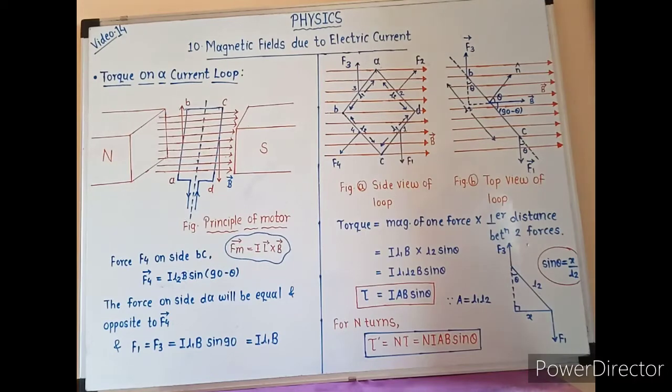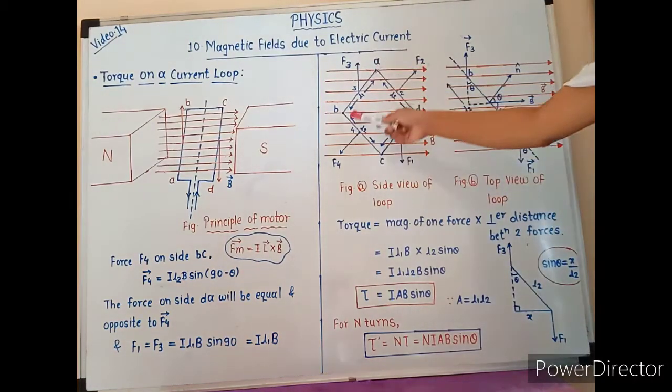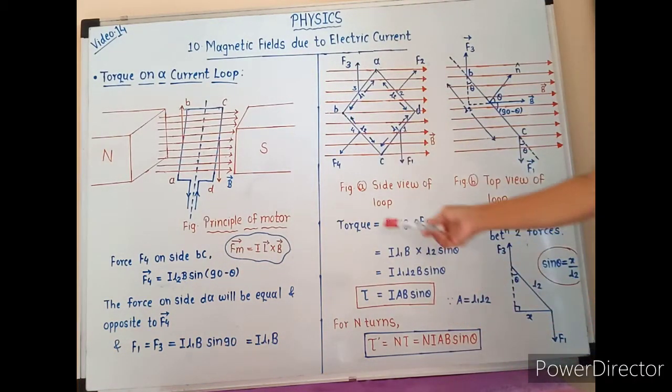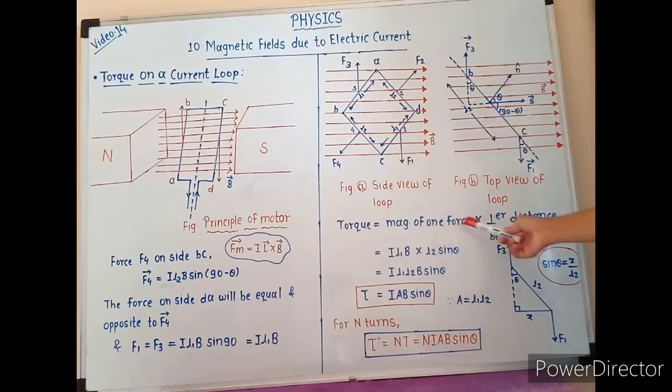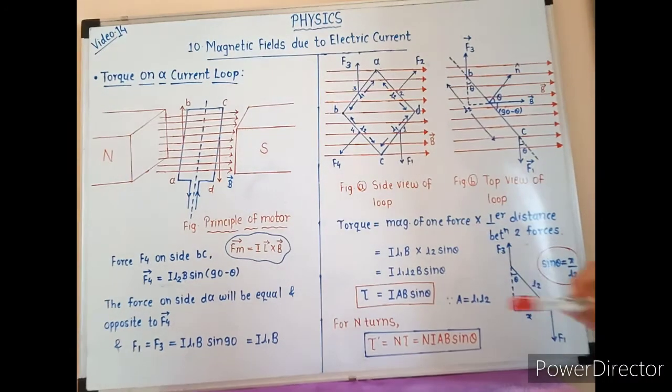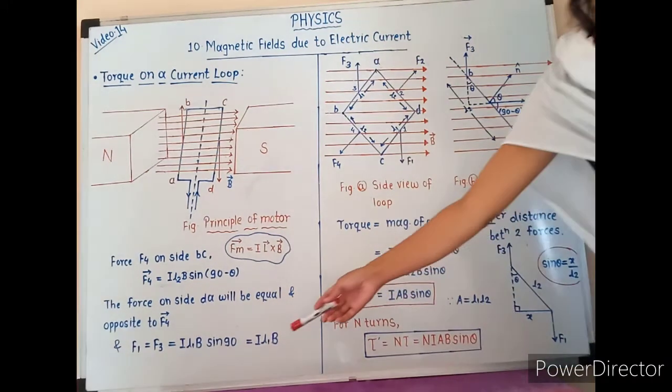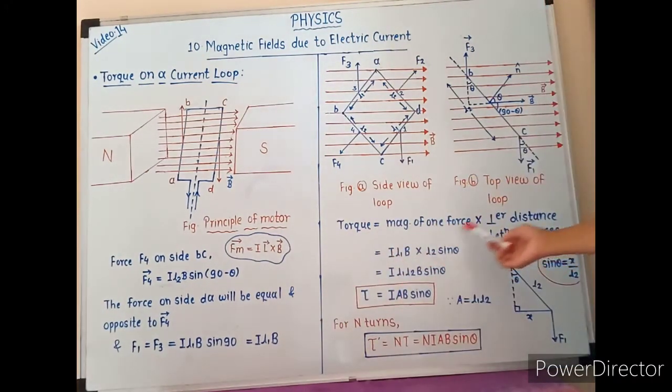Okay. Now the total torque on the loop ABCD will be equal to the magnitude of one force into the perpendicular distance between the two forces. So the magnitude of one force is I L1 B, into the perpendicular distance between the two forces, that is F3 and F1.